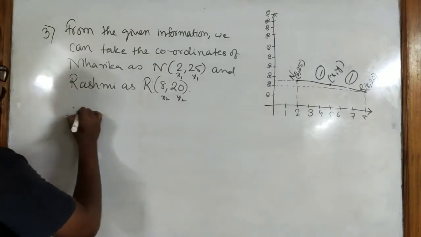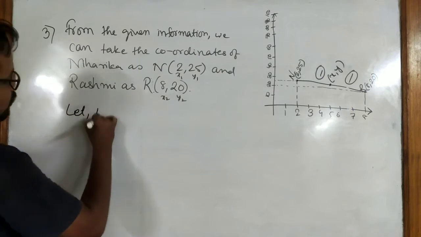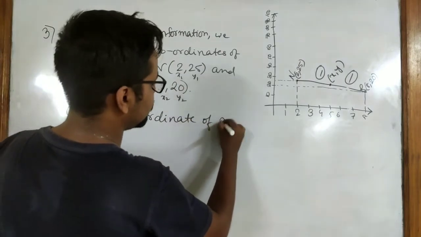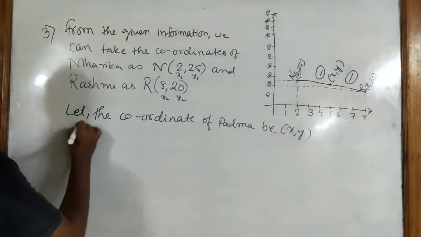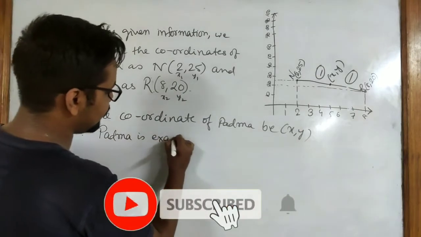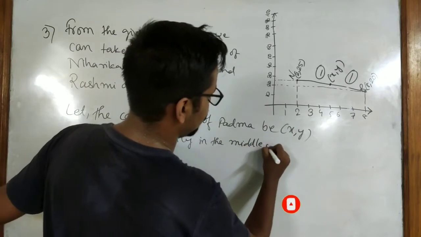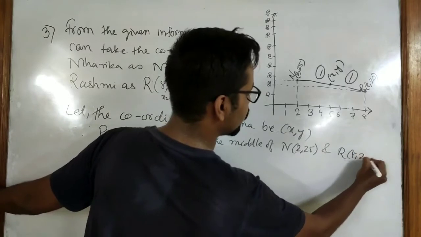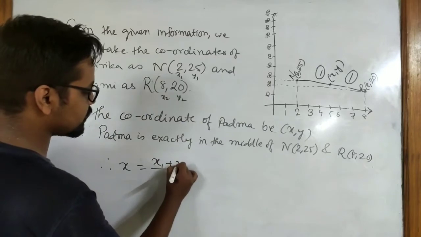So let the coordinate of Padma be x comma y. Since Padma is exactly in the middle of N (2, 25) and R (8, 20), x is going to be (x1 + x2) / 2.